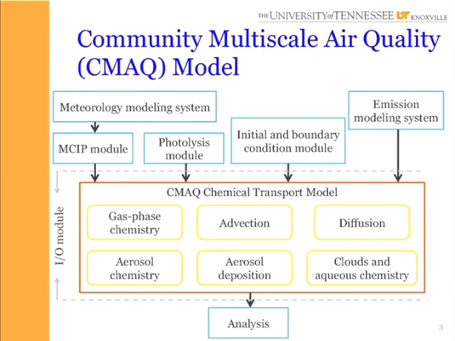So you have some gas phase chemistry, and you have some advection effect due to the meteorological model, some diffusion effect, some aerosol and depositions, and some cloud chemistry also. At the end, the results come out and you plot some charts and do a lot of different analysis, and then they can report this analysis to a certain target, and perhaps guide some of the politicians to make policies in terms of emission control and things like that.